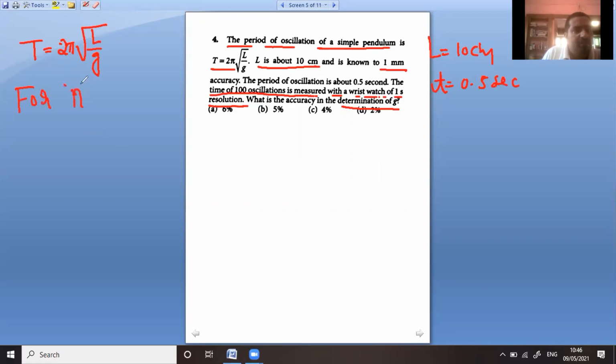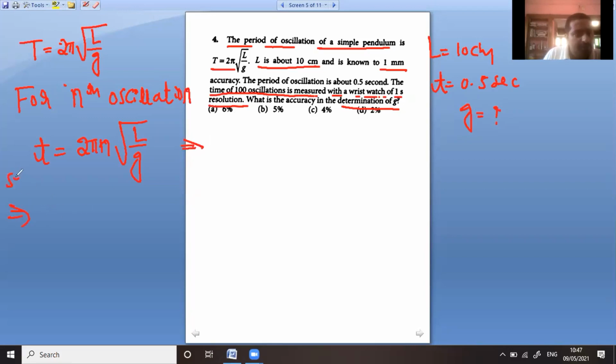for the nth oscillation, T is equal to 2 pi n square root of L by g. So our aim is to find the accuracy of g. Now we have to find g.